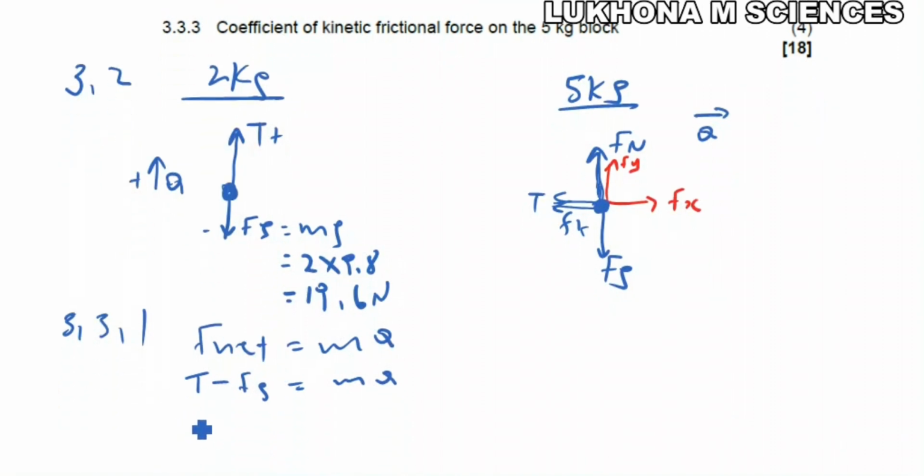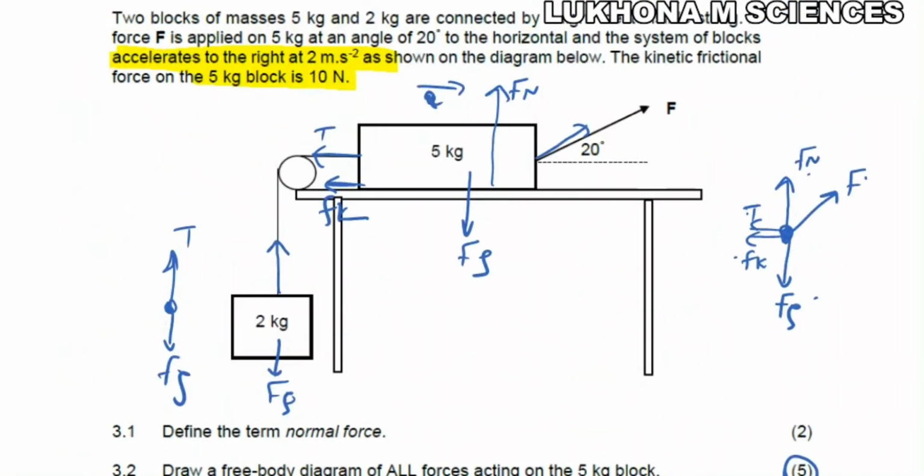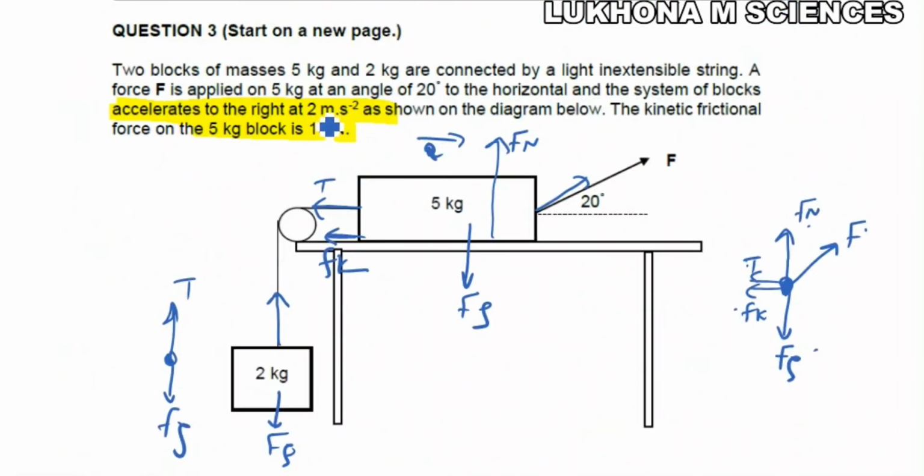Tension is what we're looking for. Then Fg is this one, so it's 19.6, which is equal to mass, which is 2. Then the acceleration was given. Let's go back to the statement just to confirm: it is 2 meters per square second.